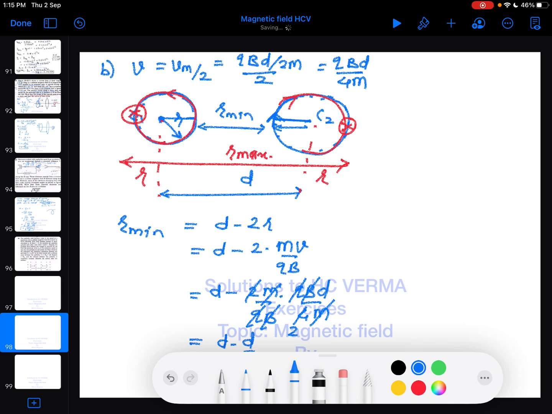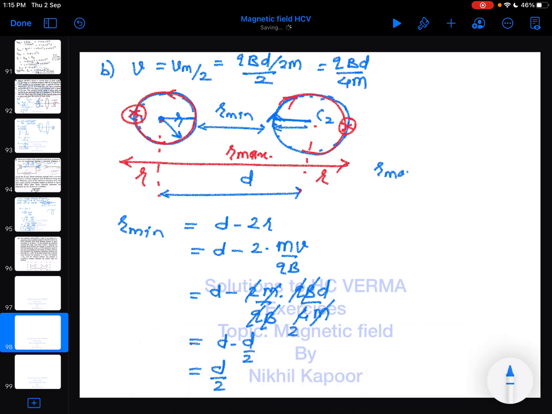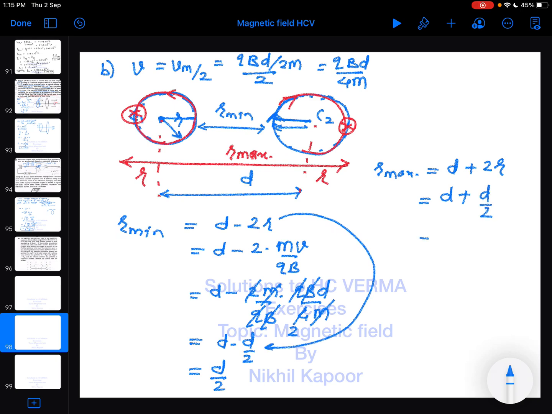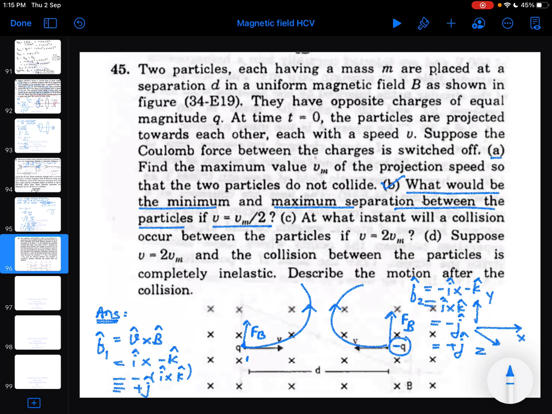So therefore we can say that the maximum separation between them is d plus 2r. Already the value of 2r we have calculated, which is d by 2. So it will be 3d by 2, r max. That is the maximum separation between the particles, and this is the minimum separation between the particles, which is asked in part B. Now let's see what is part C of the question.